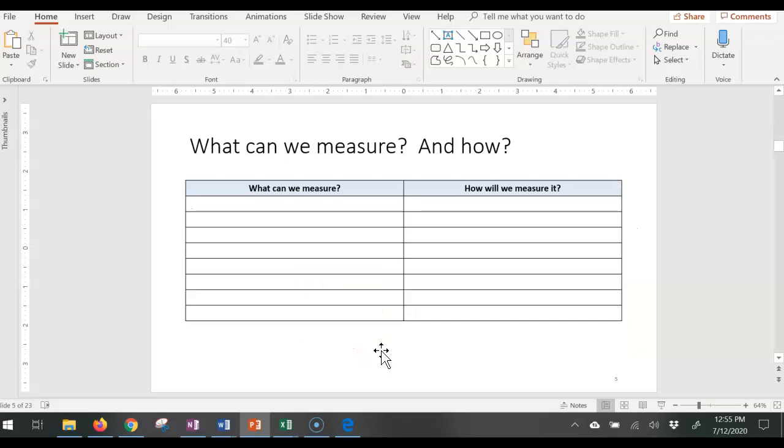Now, when we start thinking, well, what do we want to measure here? And how can we measure it? Well, I would really like to know the speed of the tumble buggy. But the thing is, none of our tools measure speed. All I have are meter sticks and stopwatches.